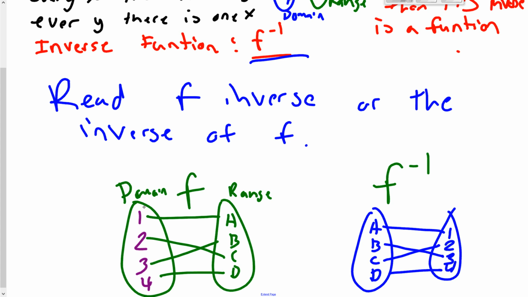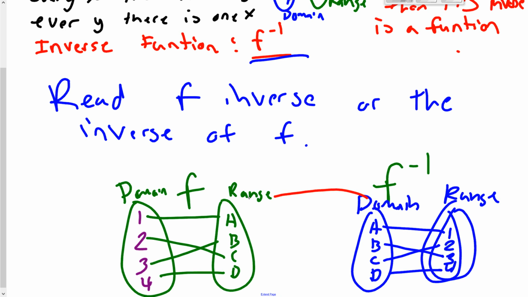So notice that the domain of f is the range of the inverse, and the domain of the inverse was the range of f, right? So the range became the domain, and the domain became the range, because they're switching.